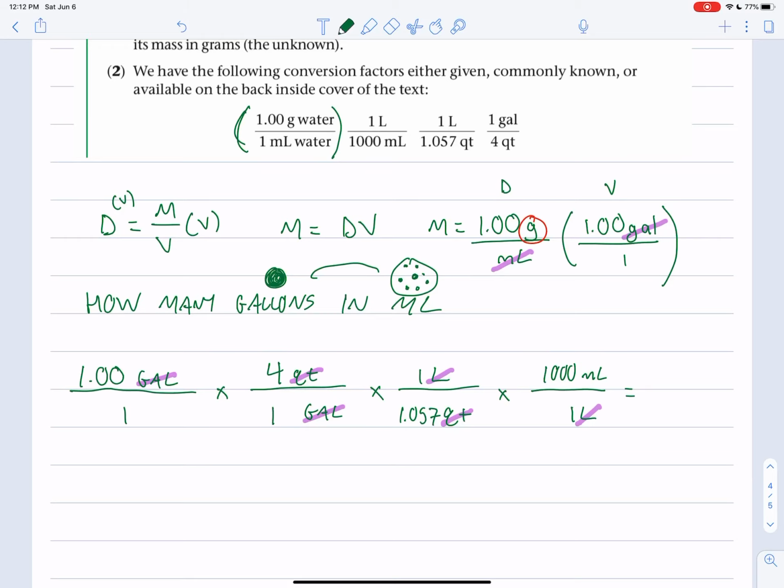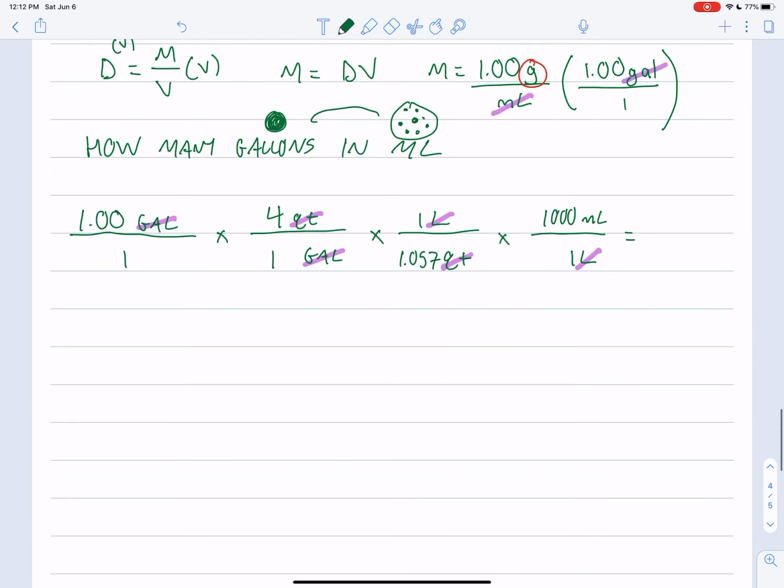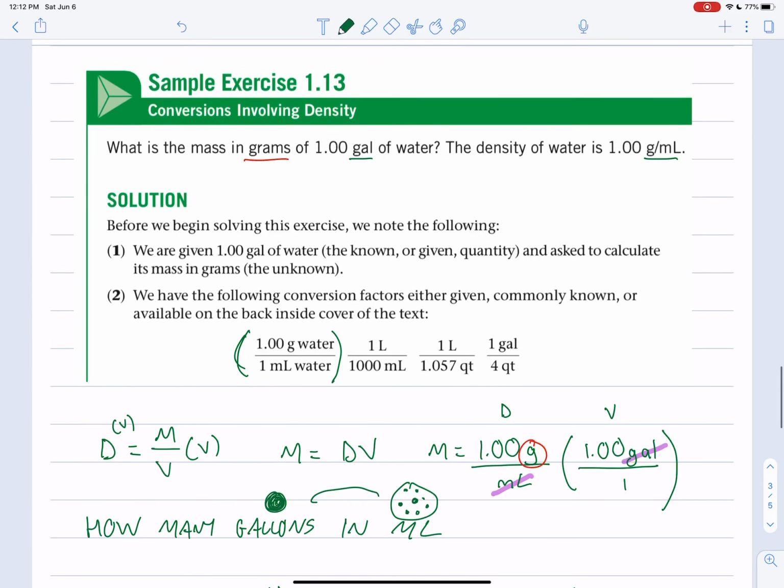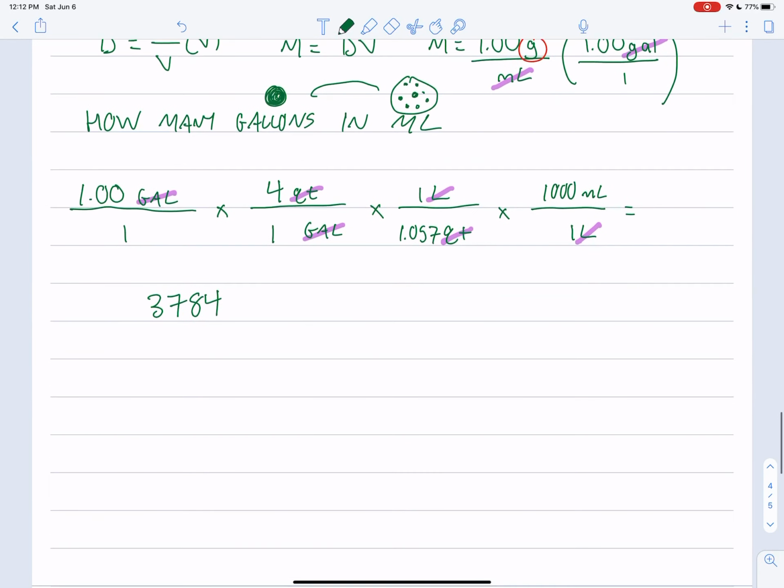Our answer is 3,784. How many significant figures are we working with here? It looks like 3. But we're going to keep this full calculation just so we have it written down. Milliliters. So 1 gallon equals that many milliliters. Makes sense. A lot of milliliters are going to equal 1 gallon.